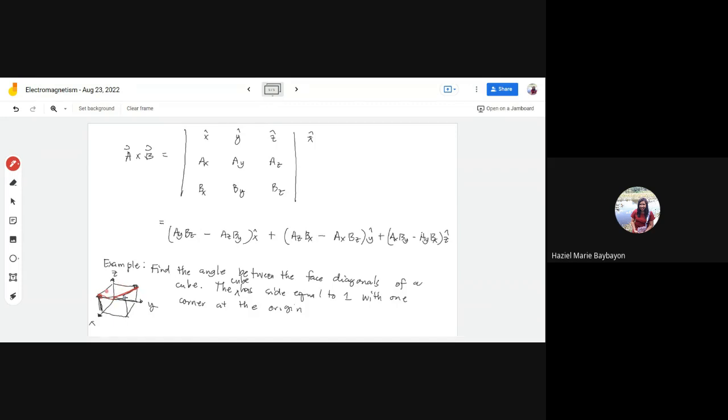And then we are asked to find the angle between these two face diagonals. Kani siya nga theta atong gipangita. Okay, so we can actually express our diagonals as vectors. So say for example, this is our vector A, this one is vector B. So vector A can be expressed as a vector with magnitude with components.